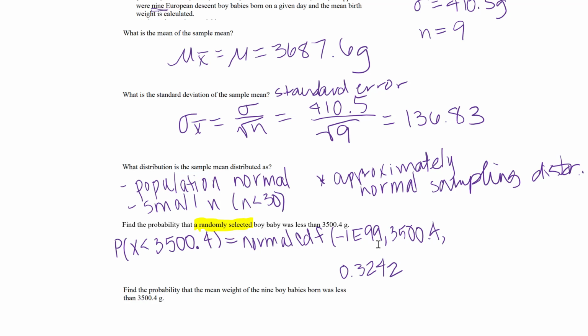And then you're going to put your mean and standard deviation. So your mean is 3687.6 and your standard deviation is 410.5, close parentheses. This is showing your work for finding the probability, and of course the answer is 0.3242 as we saw in the calculator.